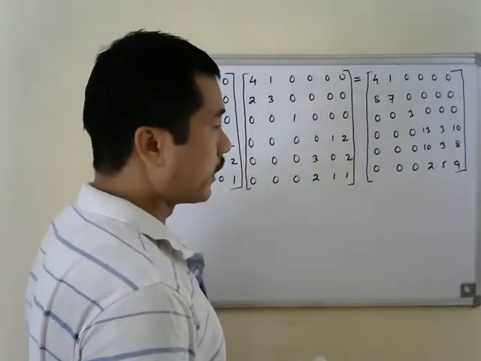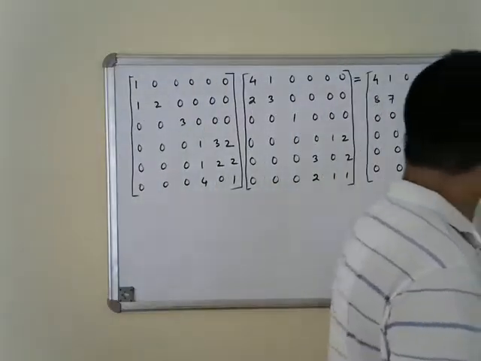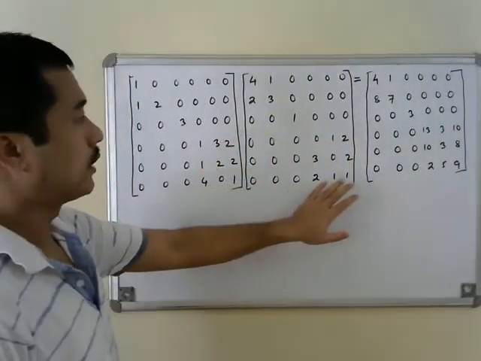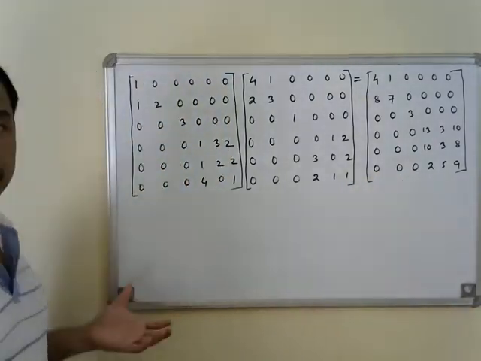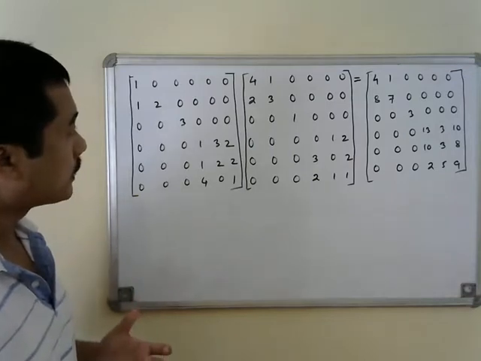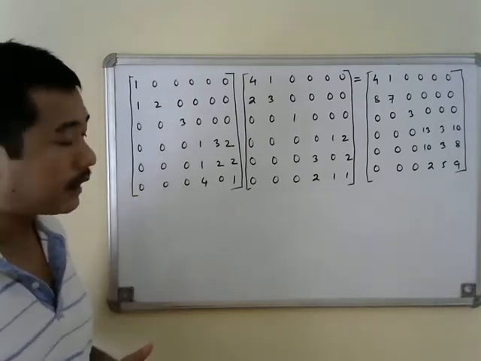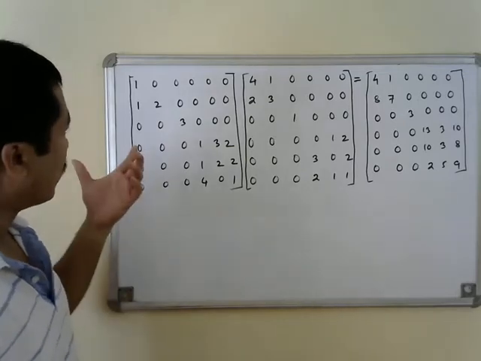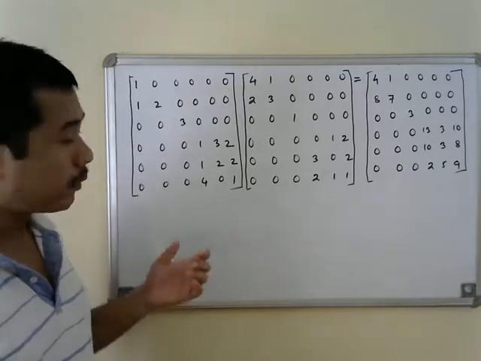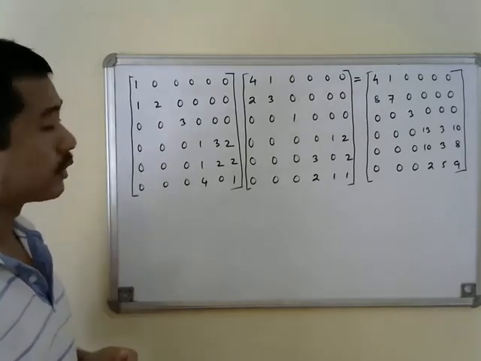So that is the resulting matrix that we get when we multiply this matrix with this one. Now, if you look at these matrices carefully, what you will observe is that in all of these cases, the non-zero elements appear in blocks along the diagonal.